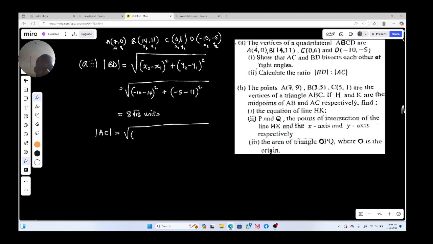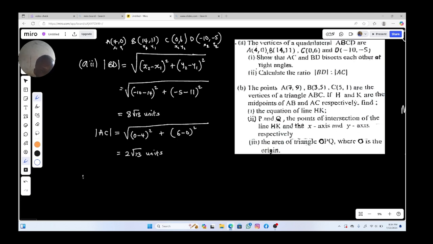So 0 minus 4 all squared plus 6 minus 0 all squared. With the calculator, we'll have 16 plus 36. So that will give us 2 root 13 units. Okay, so this one is done and dusted.